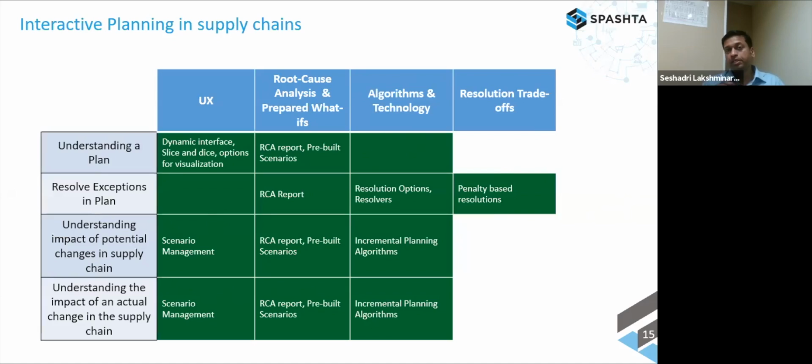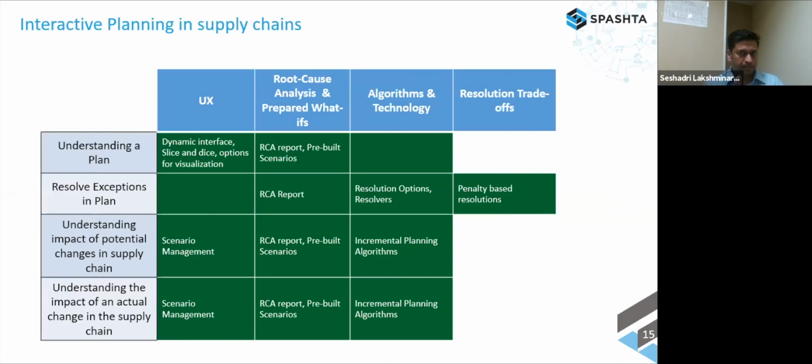But in both these cases, what we start with is a plan, a baseline plan. On top of it, we are laying down a situation which is different or incremental to the baseline plan. And the first thing they need is something called scenario management. So you need to have a notion of what is a baseline plan and what is a scenario.